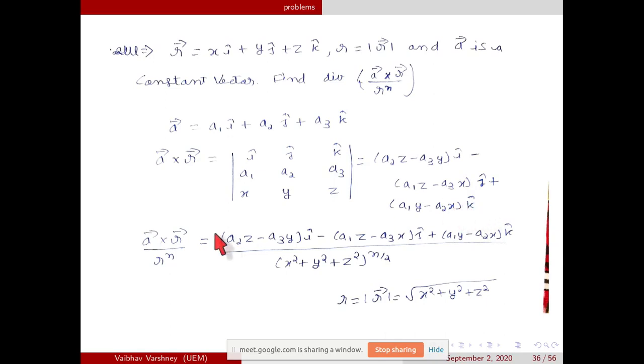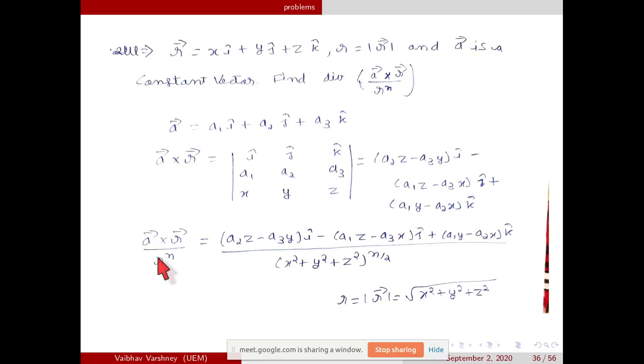Okay. So now what we need is A cross R by R की power n. R means the magnitude of R vector, and we know how to calculate the magnitude. Magnitude is square root of x square plus y square plus z square.